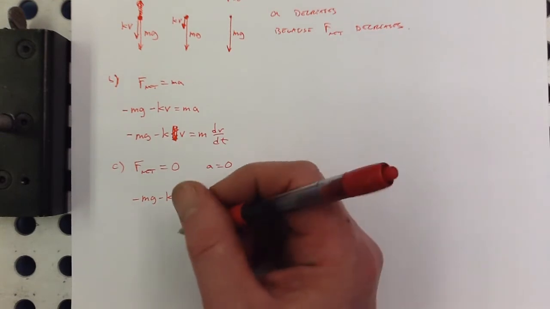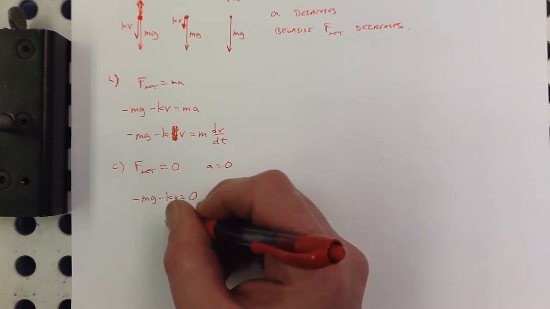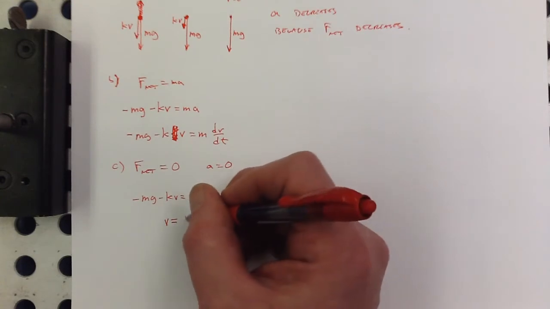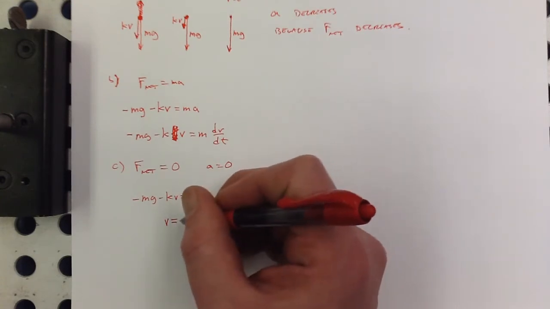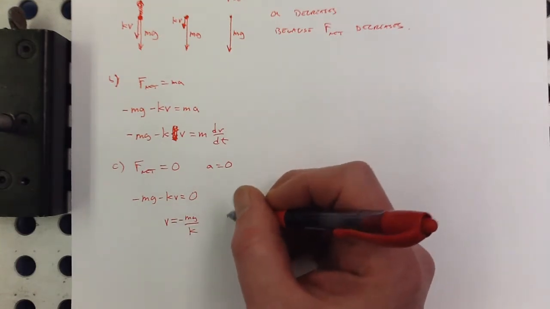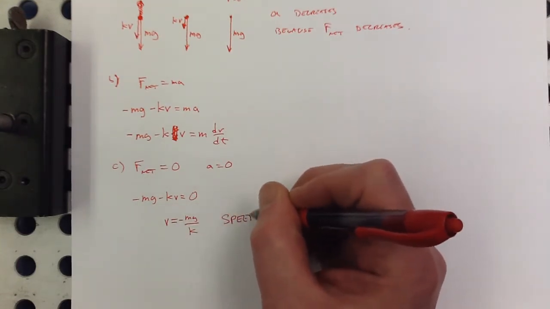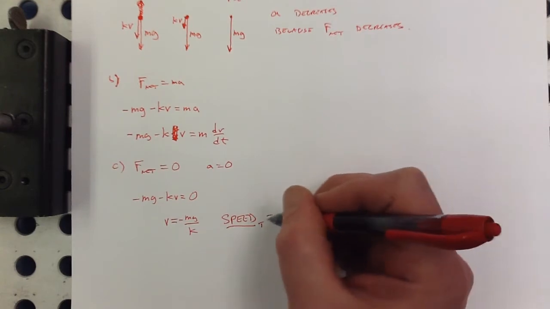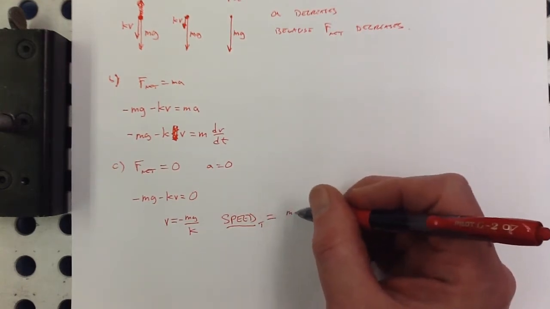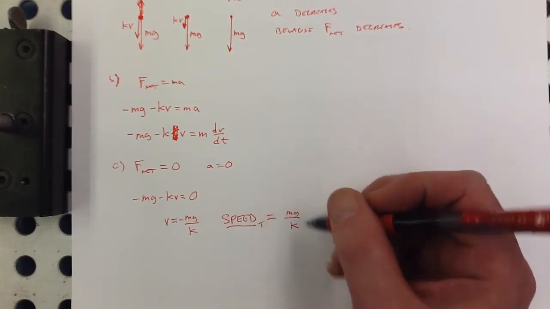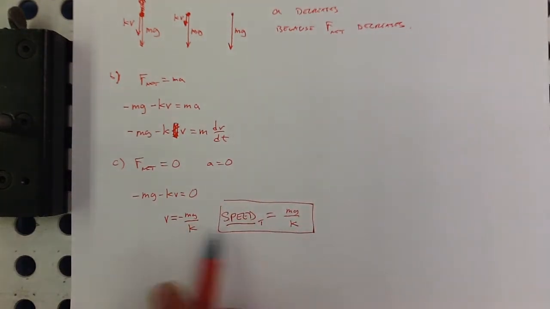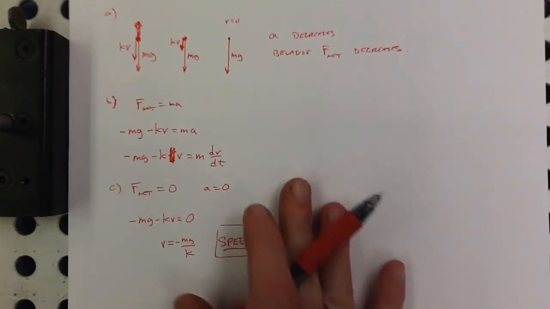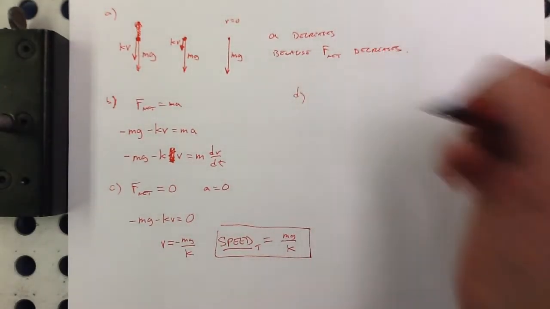So v would be equal to negative mg over k, but they want terminal speed, which of course is always positive, so the terminal speed is mg over k, the absolute value of that. Probably there's a point attached to noticing that you're supposed to drop the negative sign there. You can check that in the rubric.